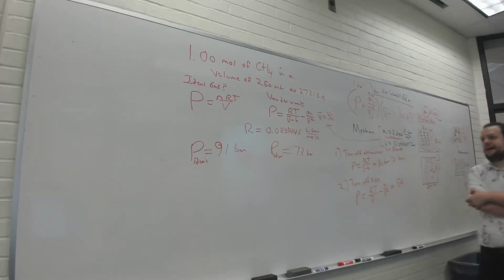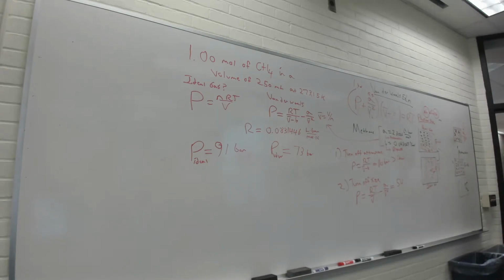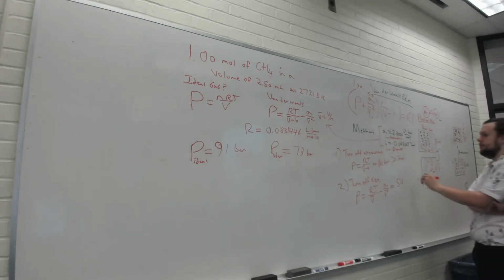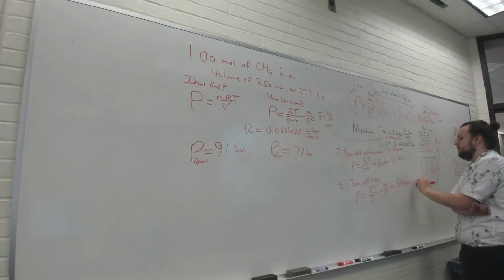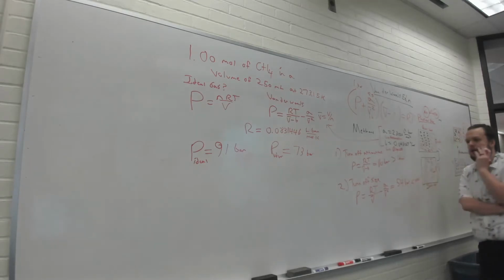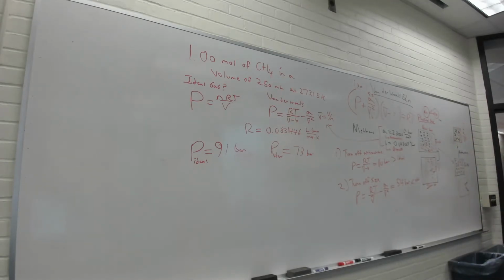If you turn off size, well, they can clump up. This is less than vdW. You turn off size, that means they can get really close to themselves. They can pack up really, really closely. In some ways, the size is the repulsion part of the potential, because the idea is that the two balls don't overlap.